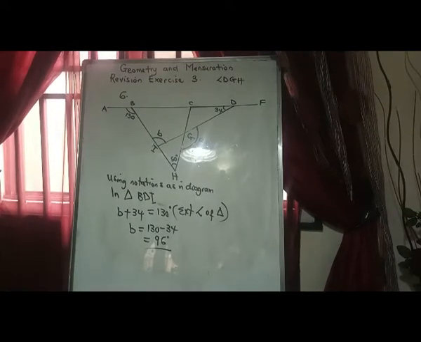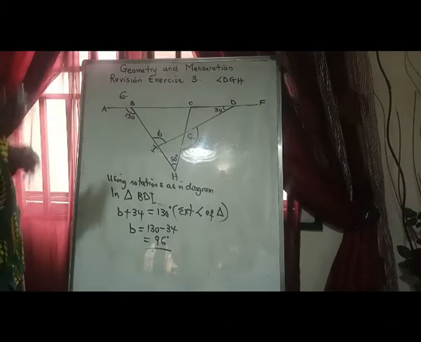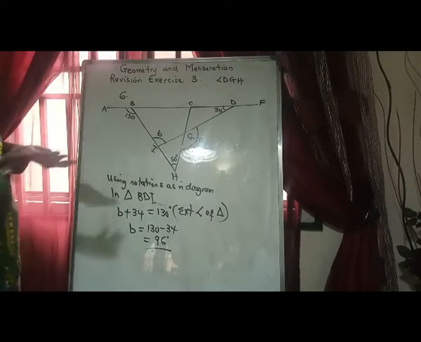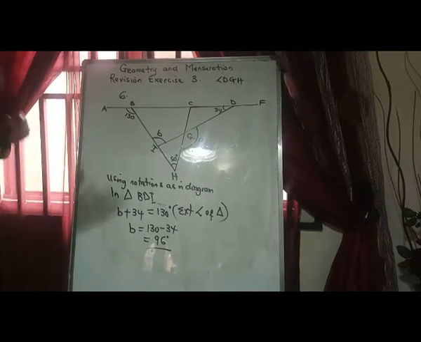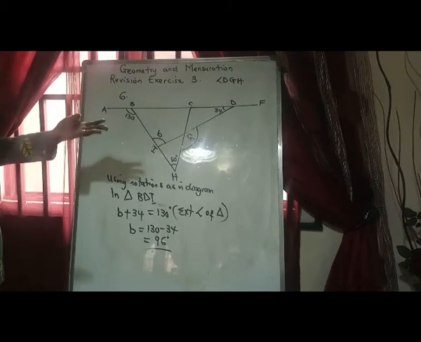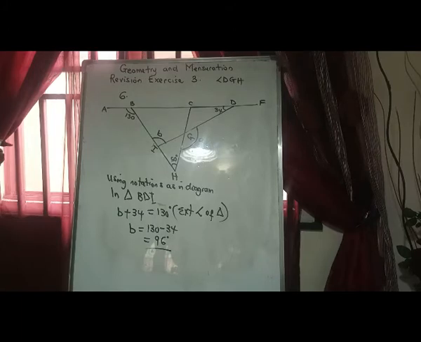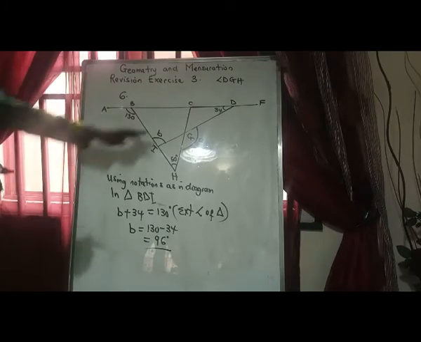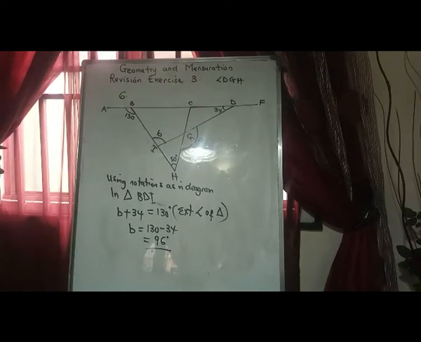That takes care of B. Now notice that this is option B. I've done option B before doing option A. Nobody will penalize you for that. Sometimes in geometry, the solutions are independent. The answer you're getting from A may not necessarily help you to get your question B. So that's for the first one.